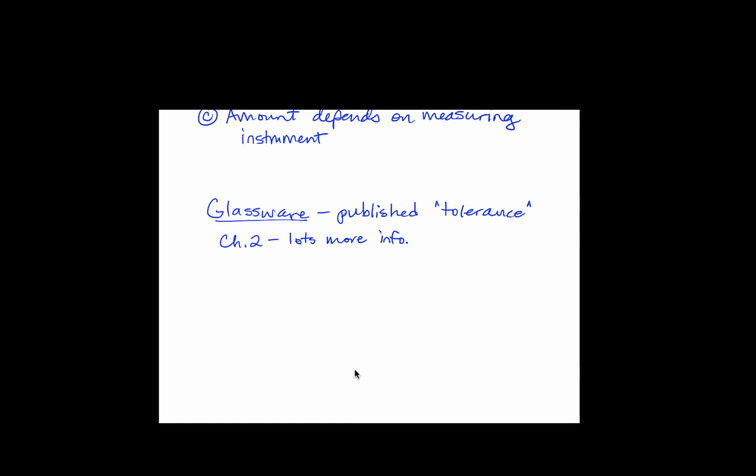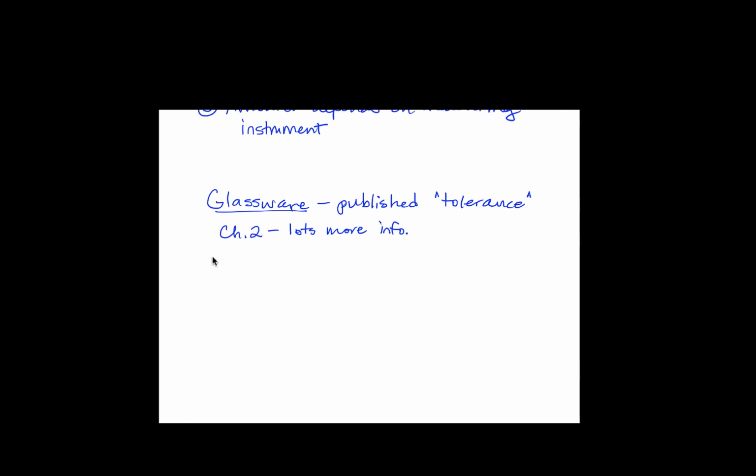So let's look at a couple of analytical glassware. For example, I have to also talk about the class. The Class A 50 milliliter volumetric burette. All burettes are volumetric, I guess, so that's redundant.